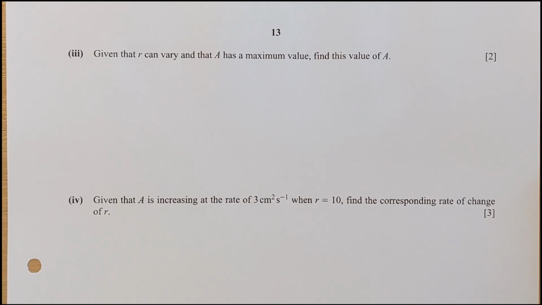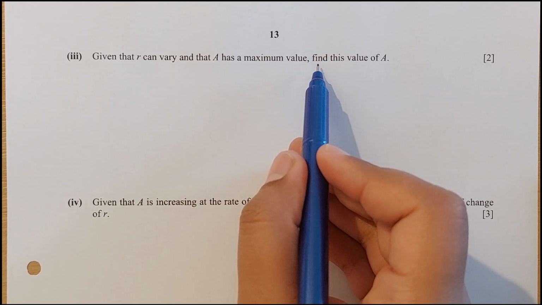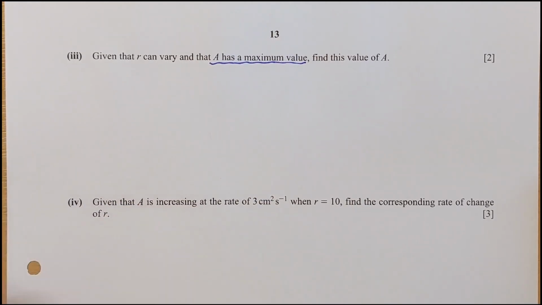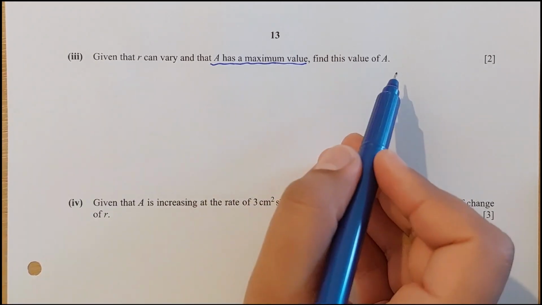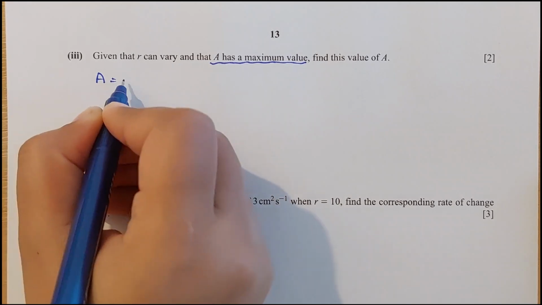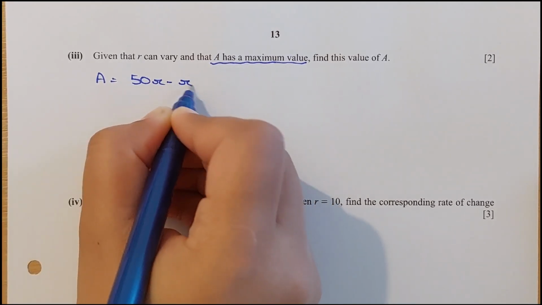Now for the third part, given that r can vary and that A has a maximum value, find this value of A. For the maximum or minimum value, we have to find the gradient, put the gradient equal to 0, find the value of r and substitute that r value into A to get the value of A. So we have A equals 50r minus r squared.